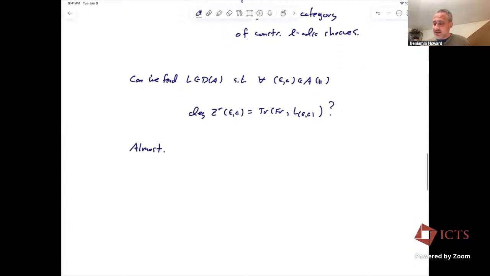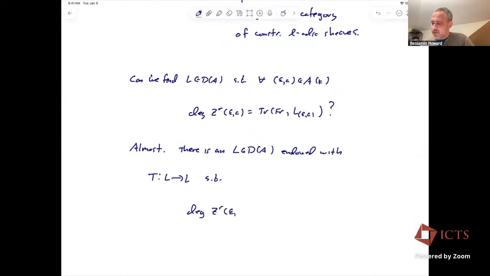So instead, this is what we're going to construct. There's going to be a sheaf, and it's going to be endowed with some sort of endomorphism, something like a Hecke operator, that I'll call T from L to L, such that you don't get the degree of the zero cycle by taking the trace of Frobenius.